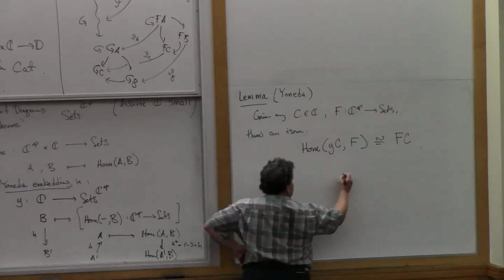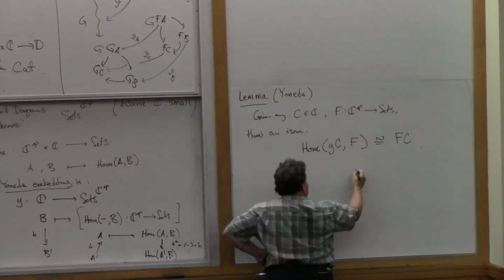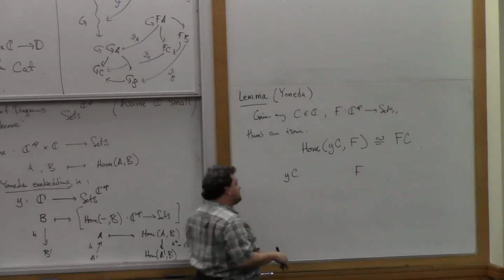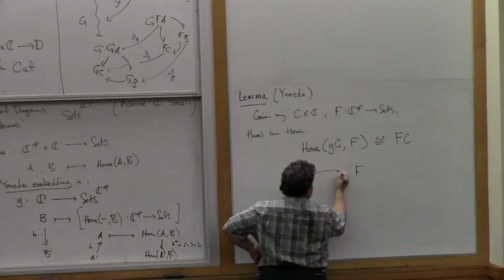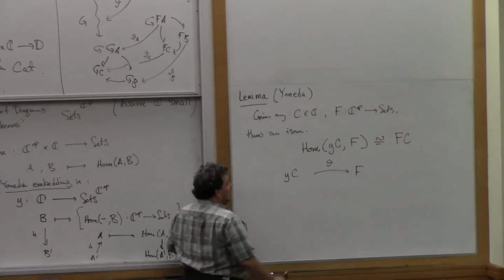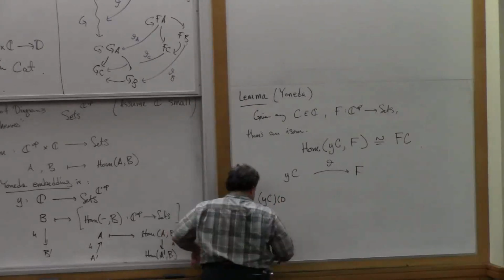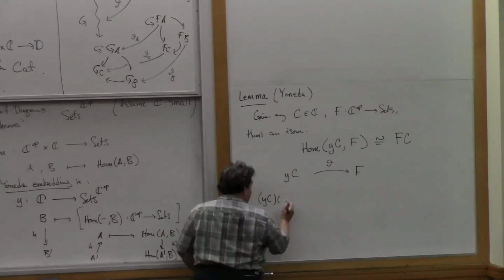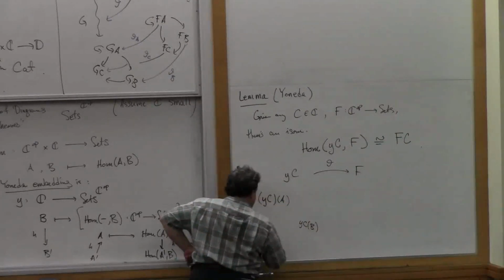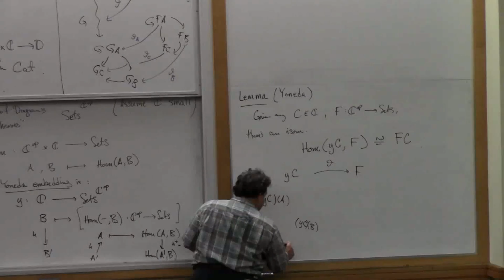If I look at my representable functor YC, and here's my functor F, and now these things have values for all objects. So let's suppose I have this natural transformation theta going from YC over to F. Well, in particular then, it has values YC at A, YC at B, YC at C, and so on.